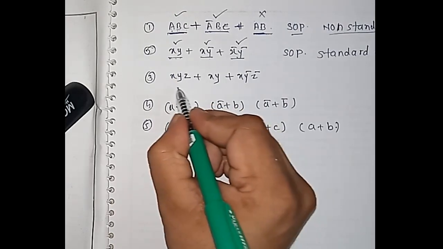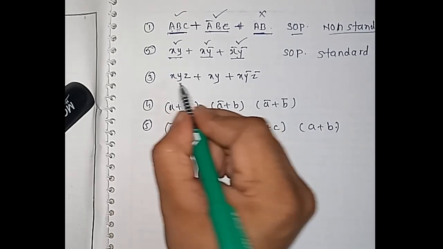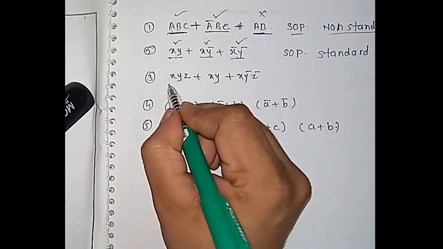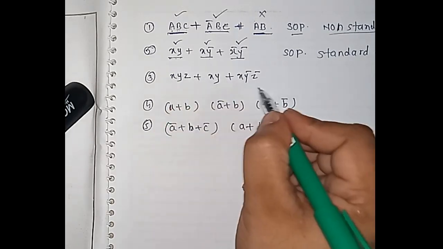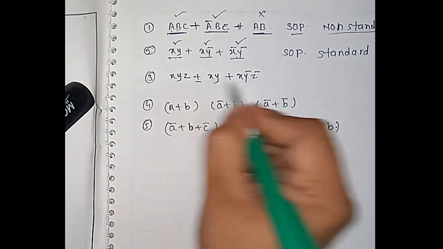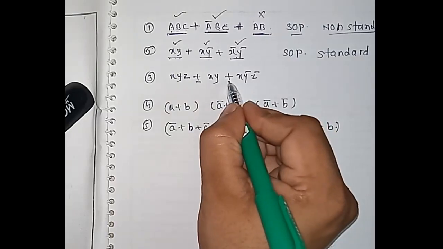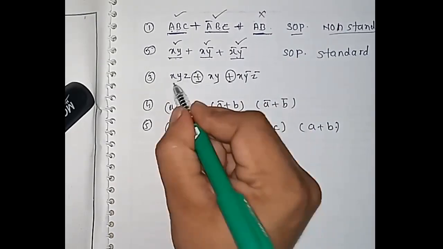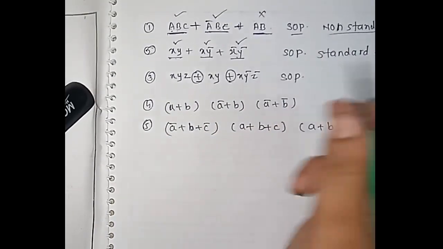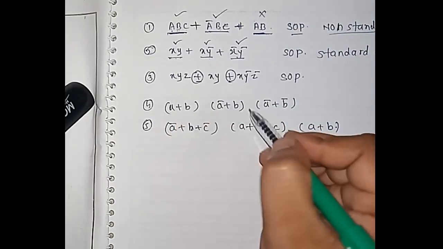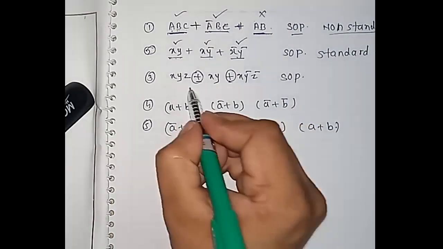Then for the third equation, how many maximum literals are there? Firstly, find out whether this is SOP or POS. Here the sum is taken of product terms, so this is also an SOP equation. Then find out standard or unstandard.